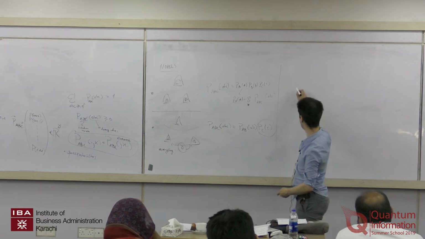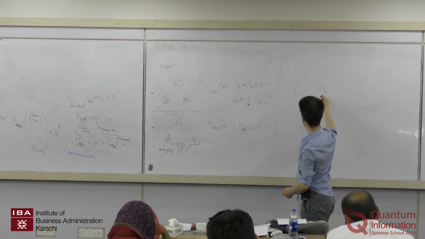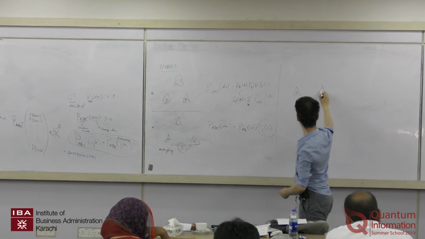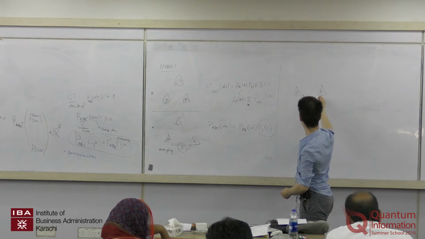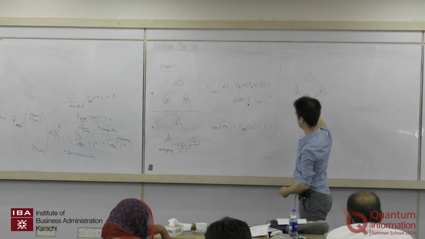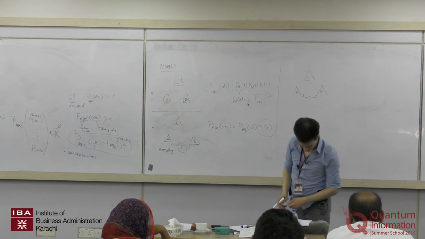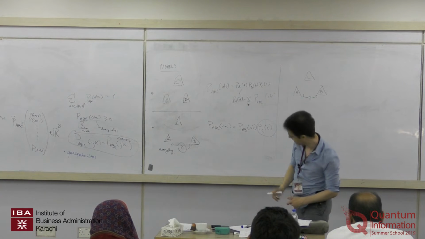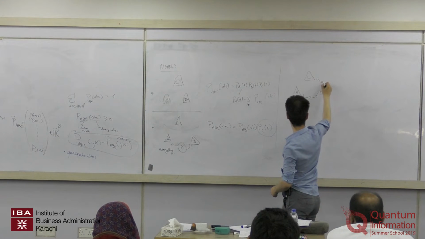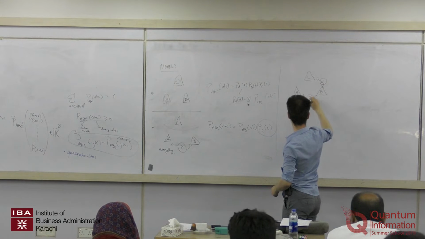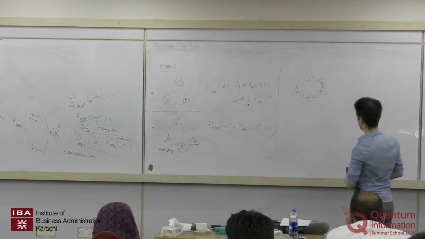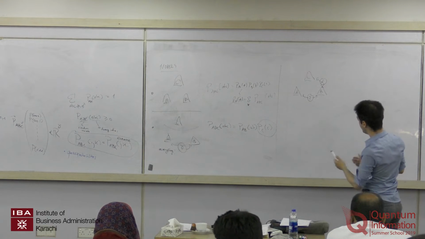The next model is I'm going to add, again, a variable, alpha. Again, how do I describe this?